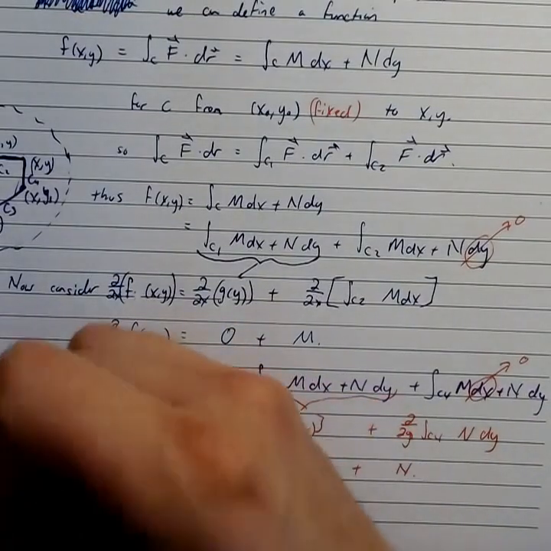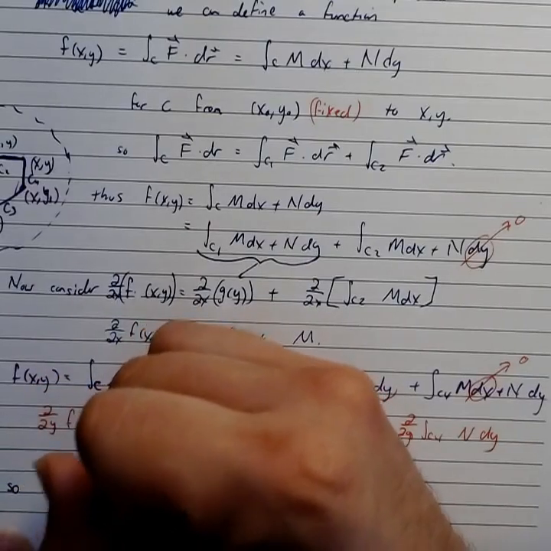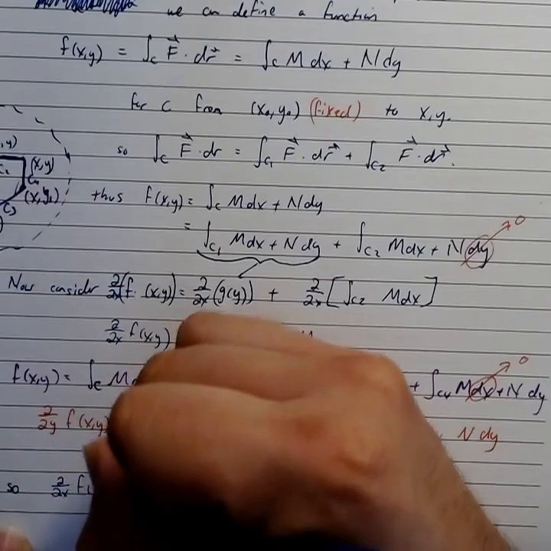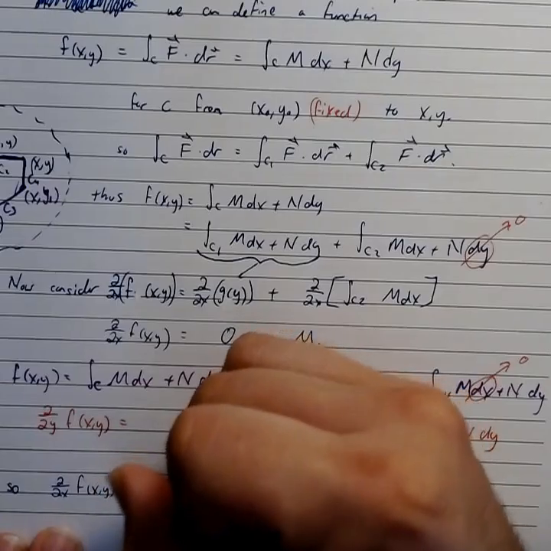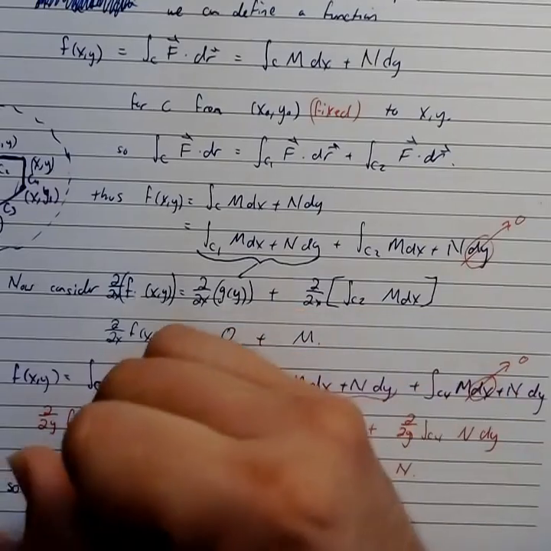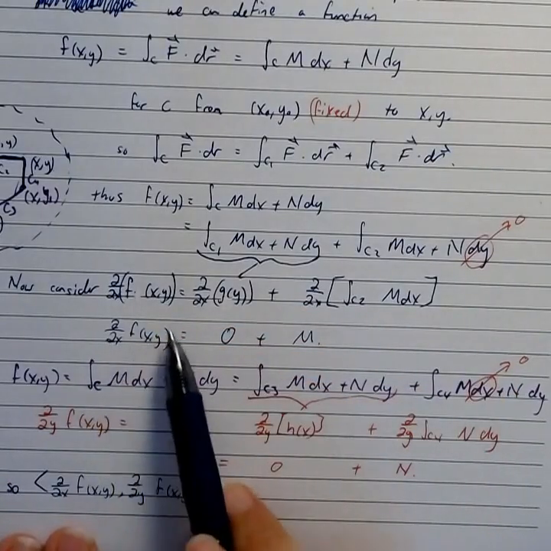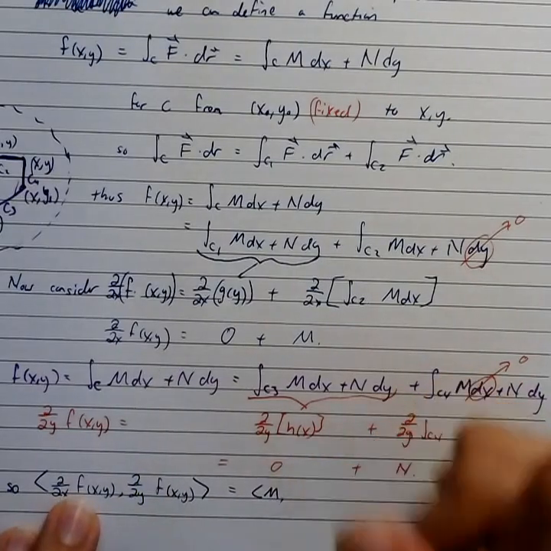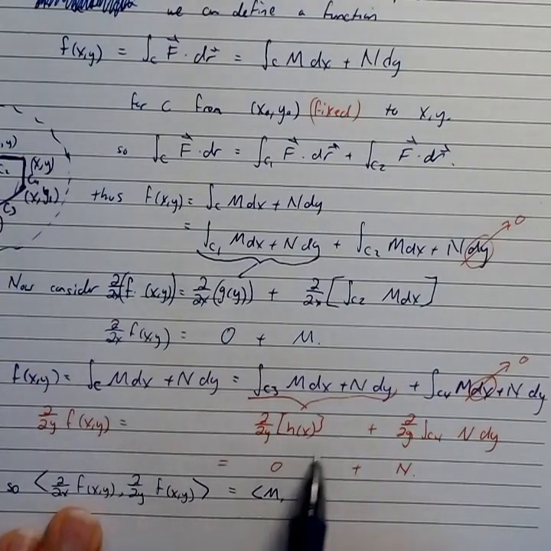So that means del x of f of x comma y, comma del y of f of x comma y. If I turn that into a vector, okay, that del x of f of x comma y, that's m. And that del y of f of x comma y, that's just n.